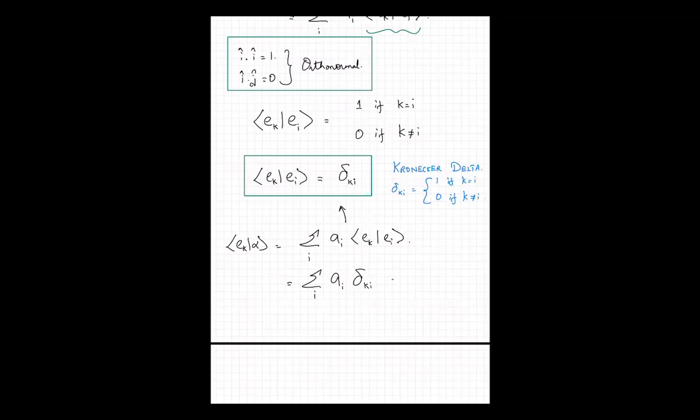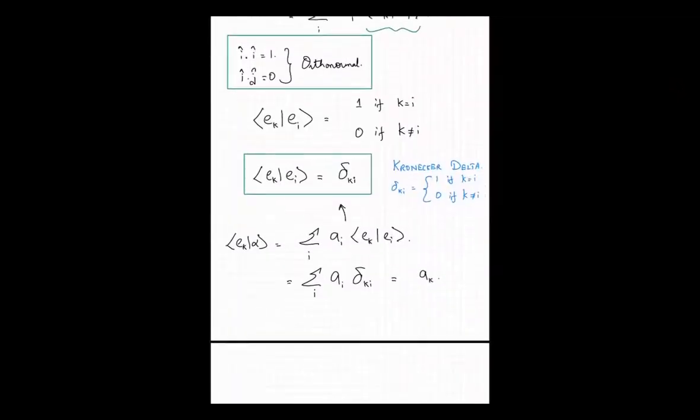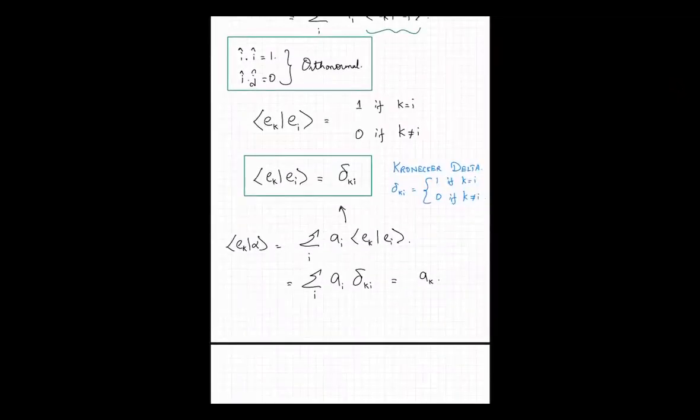Okay. So again, just as k hat dot a projects out the z component of the vector a, the inner product ek alpha projects out the kth component of alpha.